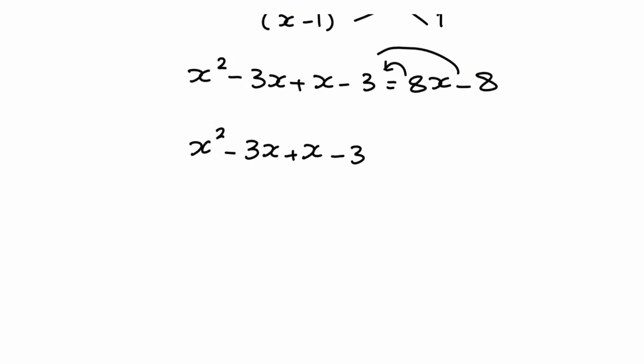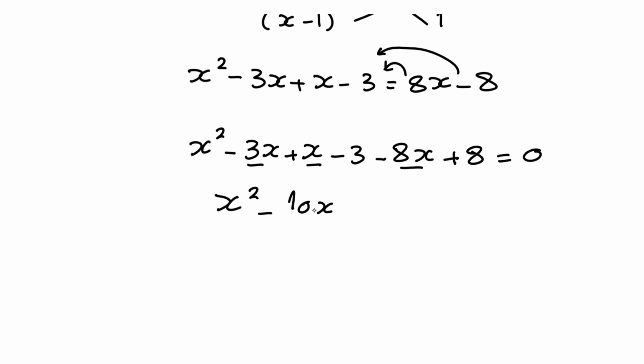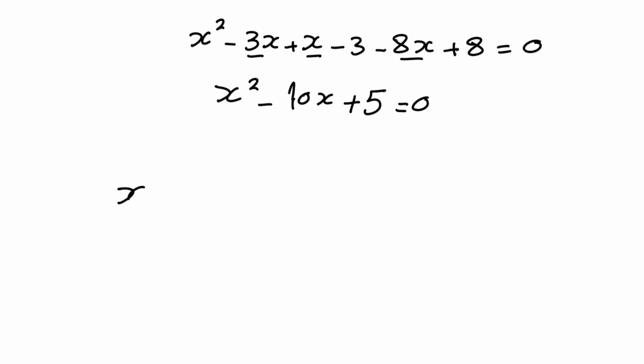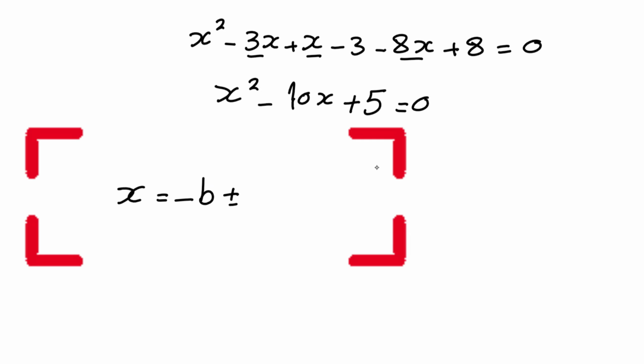Now move everything to the left side. We get x squared minus 10x plus 5 equals 0. Now we use the quadratic formula.